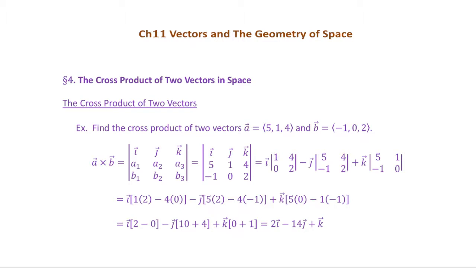So plus K times the determinant of another 2 by 2 matrix (5, 1, negative 1, 0).